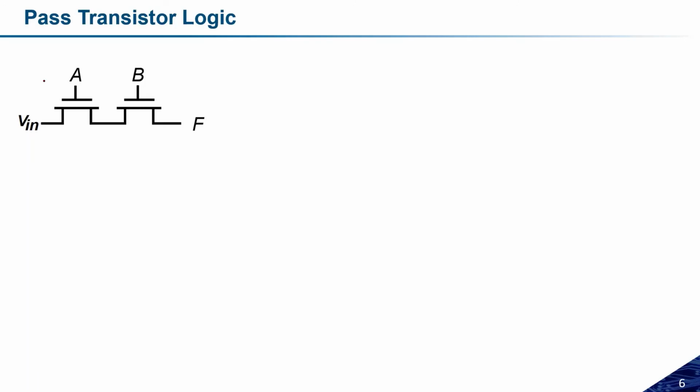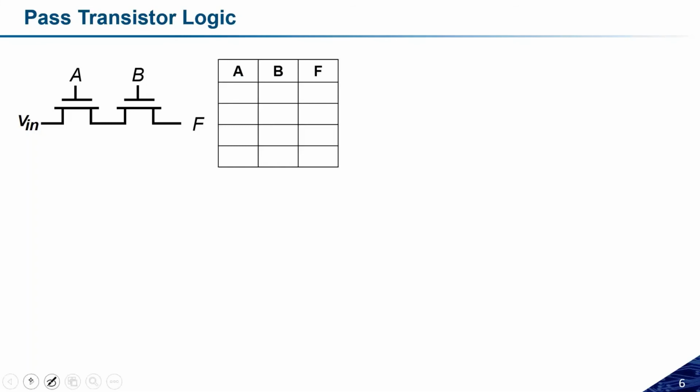Suppose I have two transistors in series. How will the function look? I can have four possible combinations of A and B: 00, 01, 10 and 11. Because these are NMOS transistors, if both A and B are 0, both transistors will be in the off state.